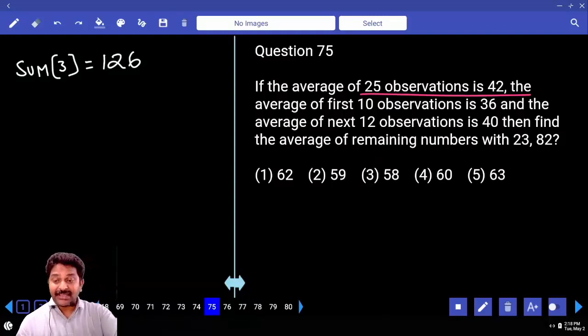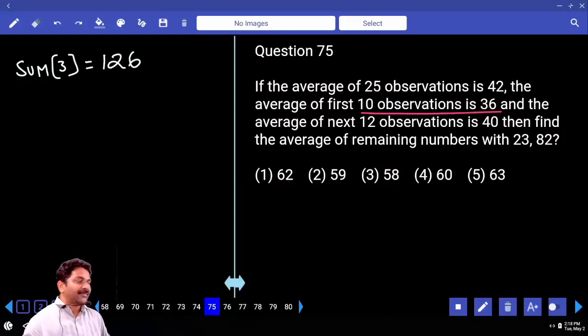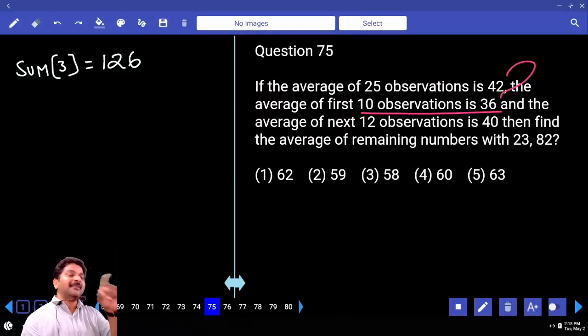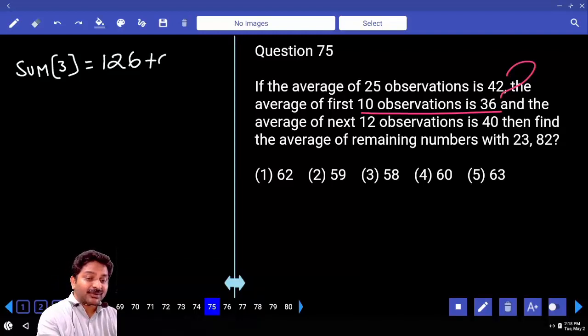Now see what happened to the remaining numbers. For 10 numbers the average is 36. With respect to the original average, is it more or less? How much less? Like that, how many numbers are less? That means 10 times 6, 60 less, right?